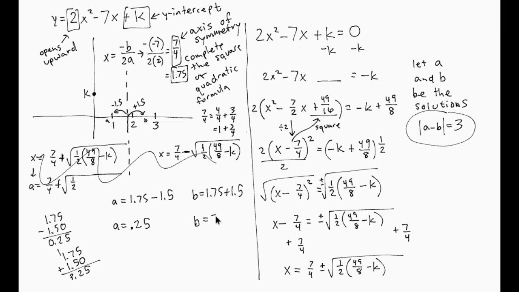We're just adding and subtracting 1.5 from 1.75 to get a and b.